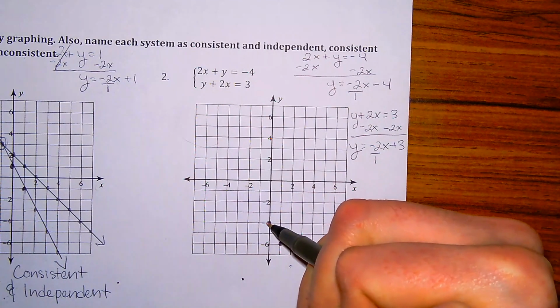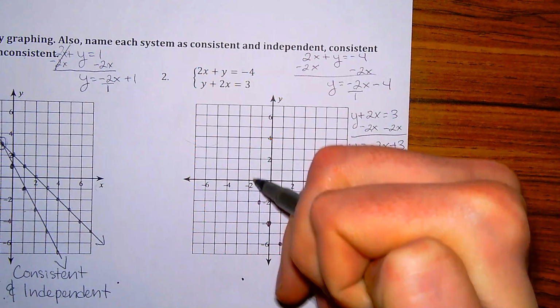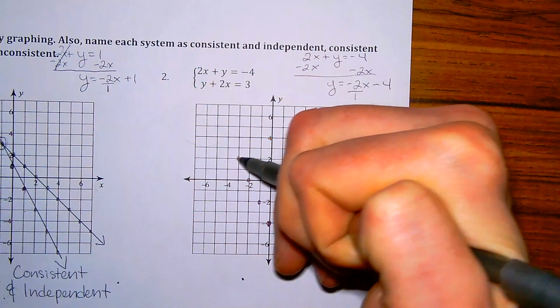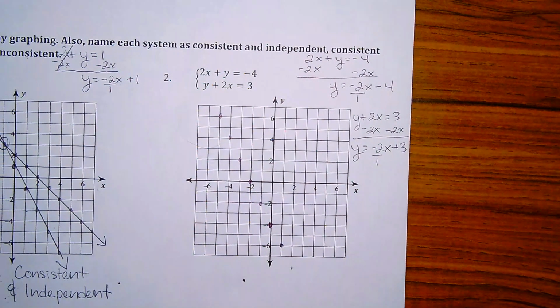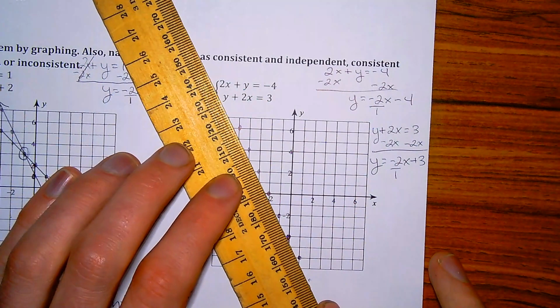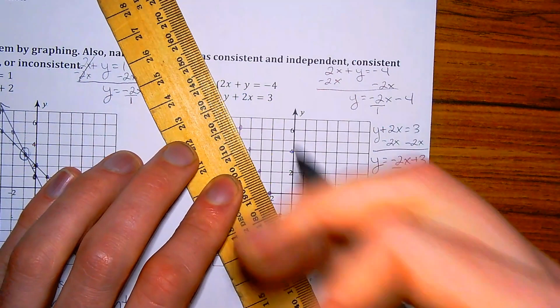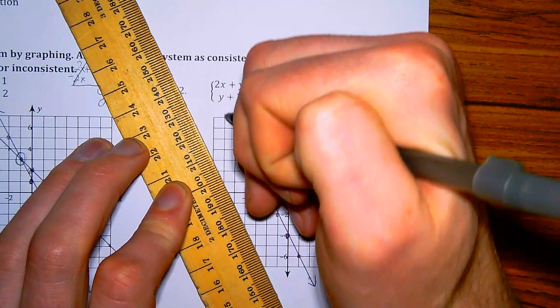So let's do the reverse: up 2, left 1, and give ourselves that straight line. You're always going to have straight lines. If it's curving, then I've done it incorrectly. These are straight lines that we're working with. No curves, no bends, nothing like that. As long as I have a nice straight line, I should be okay.